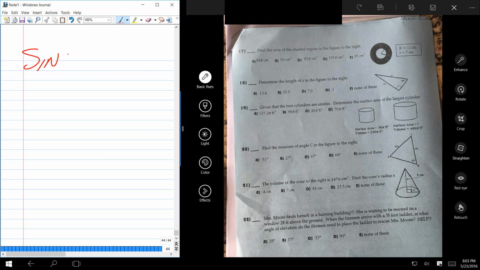So it'd be sine 65 is equal to 15 over x. So solve that equation. Sine 65 times x is equal to 15.